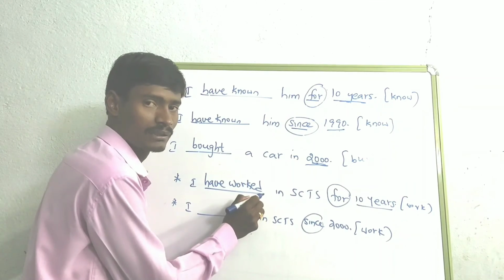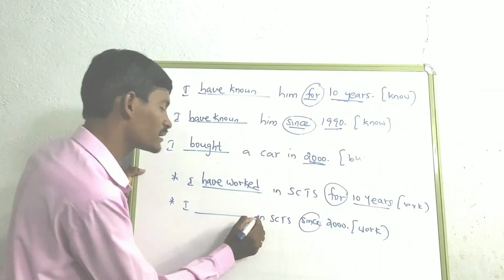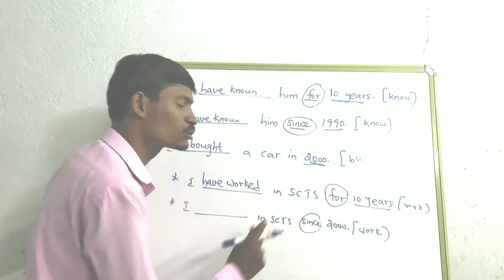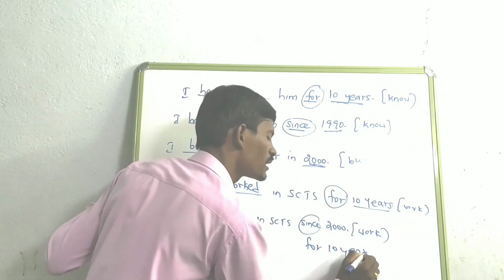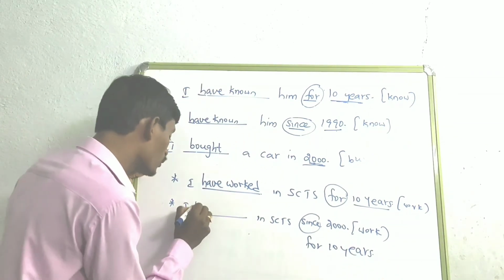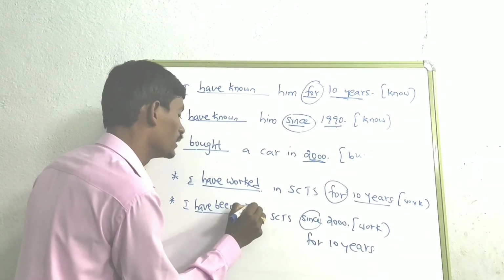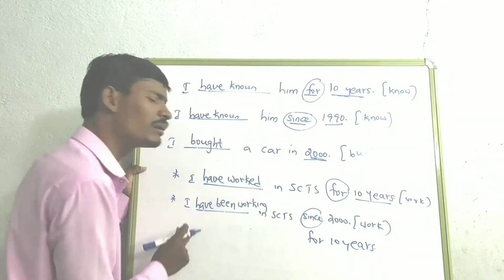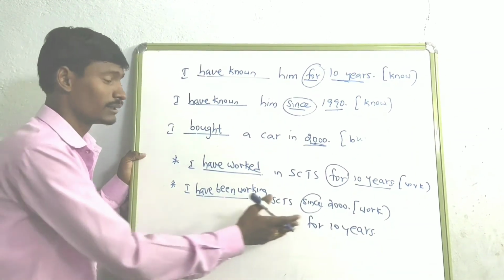So if you want to talk only up to present or up to today only, that's all, you have to use present perfect. The same one if you take in another way, see here, I work in SCTS since 2000 or for 10 years. The same sentence, if I want to use, I can use I have been working in SCTS. What do you mean by this one? The same can be understood like this.